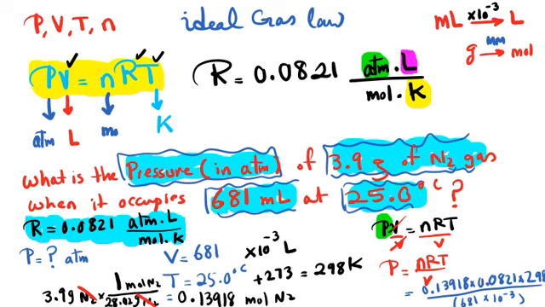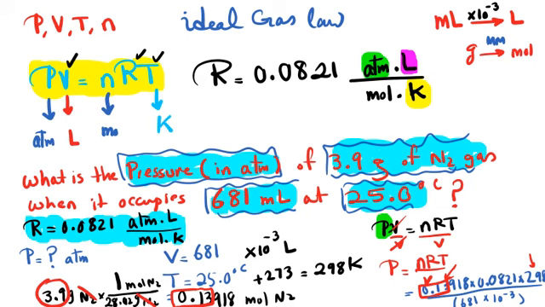When you count sigfigs, please understand we are going to consider this number, 3.9, as two sigfigs. It means I need to keep two sigfigs here. Two sigfigs here, three sigfigs here, absolutely three sigfigs here, three sigfigs here.